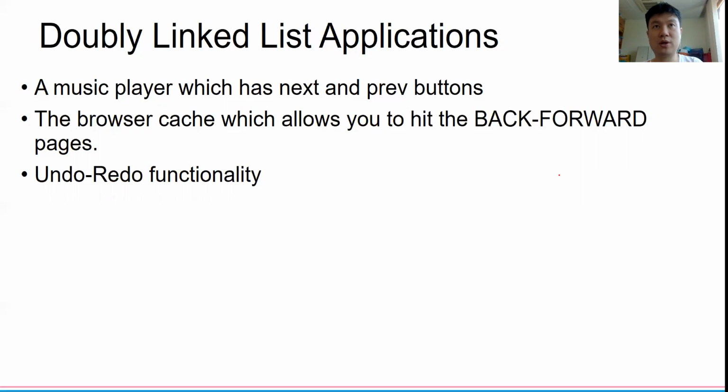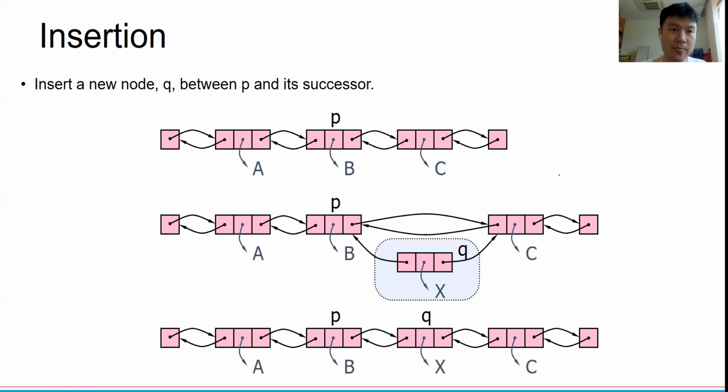When you are browsing a web page, you can go forward and you can go backward. And the undo redo functionality. For example, if you use Microsoft Word or Hangul, you can undo, which means you want to cancel what you already did. Redo means you want to re-implement what you already did. Those are applications using the doubly linked list.